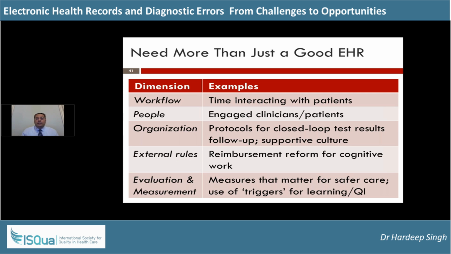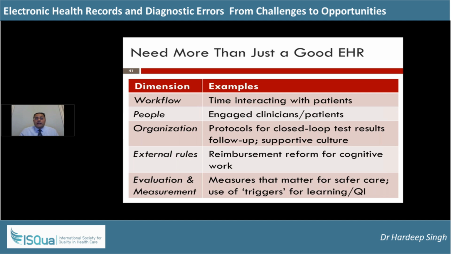I'm glad that there's a lot of administrative leaders on this call, because you all can be very powerful change agents within your organization to do something in safety, whether it's using safer guides, whether it's protocols for closed-loop test results follow-up.